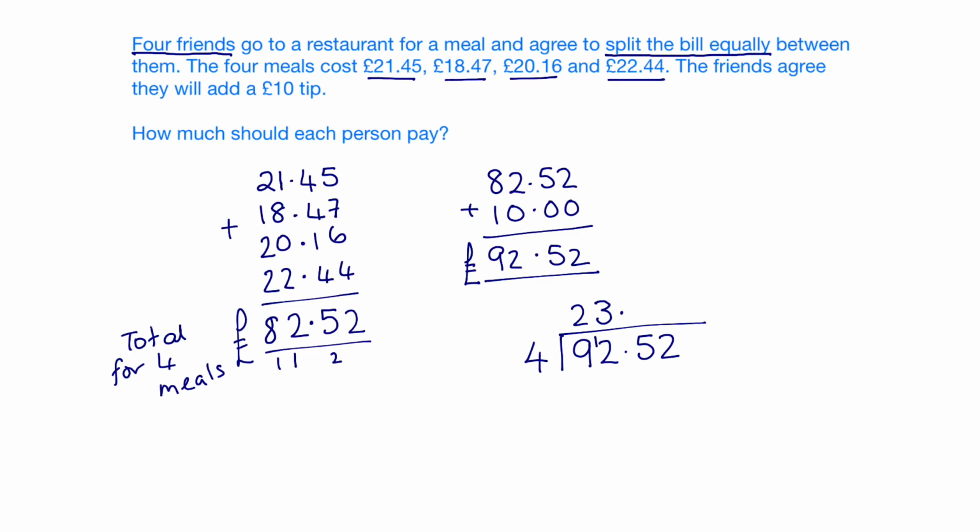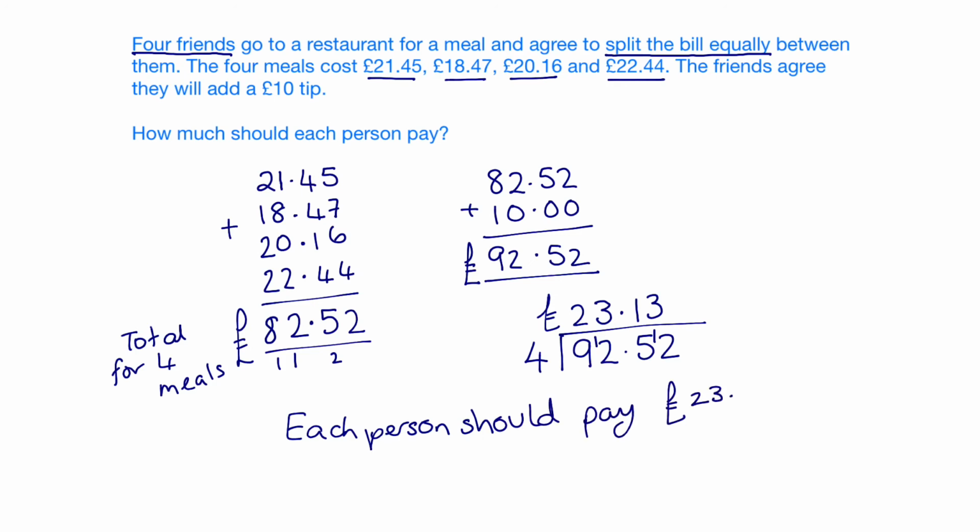Then 4 into 5 goes once with 1 left over, and then 4 into 12 again is 3. So each person should pay £23.13.